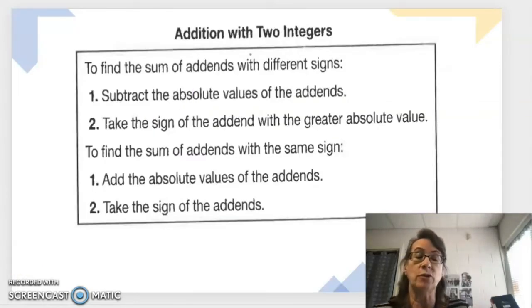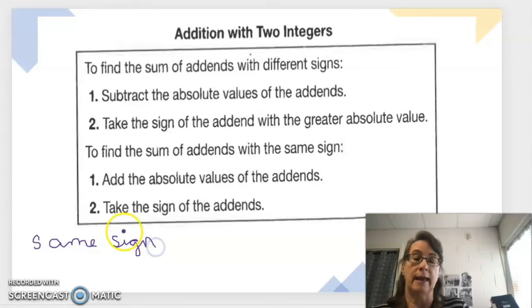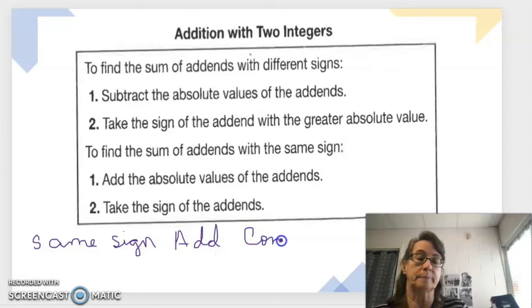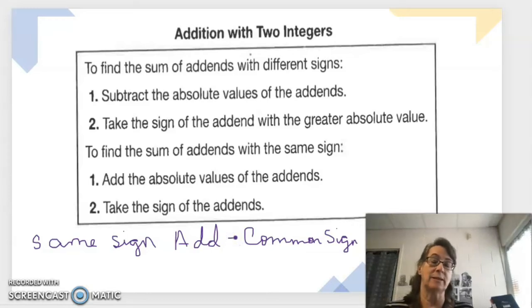Now, my 2 rules that I wrote on the board today: if we have the same sign, add the two absolute values, and take the common sign. That's it. If we have the same sign, add the two absolute values and take the common sign, because both of the signs are the same.